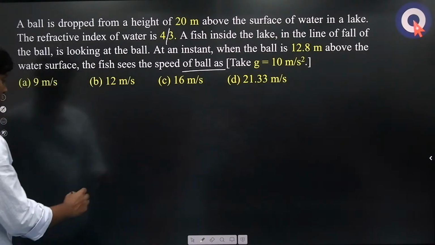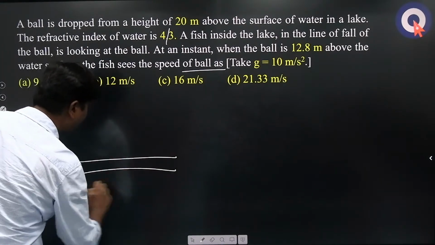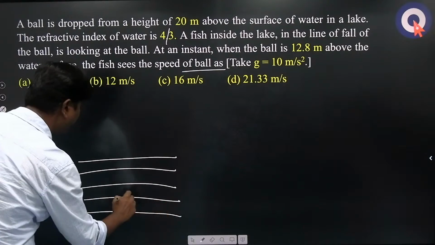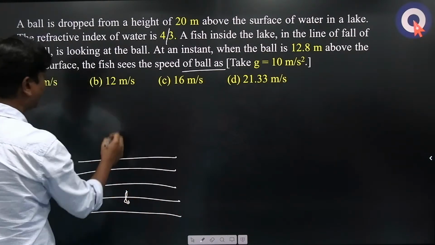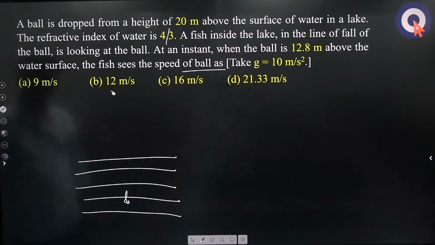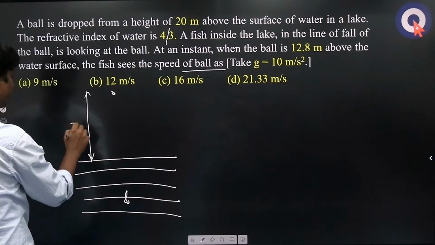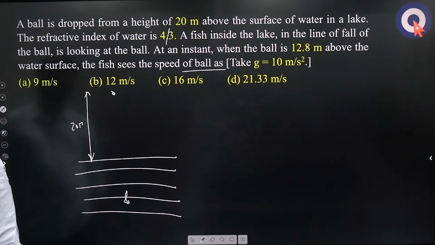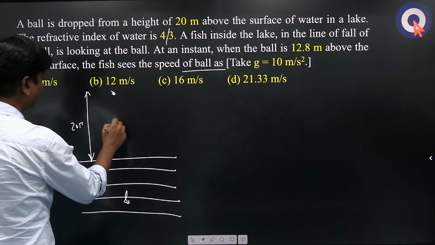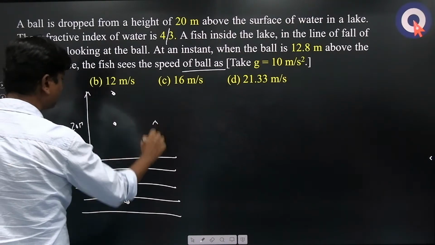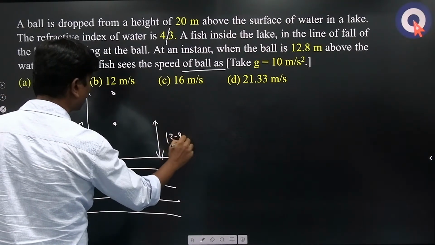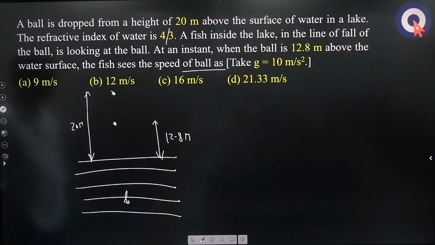Okay. So here you can consider one lake like this, and here a fish is looking at the ball. Actually, the ball was dropped from a height of 20 meters, and now the ball is 12.8 meters above the water surface.